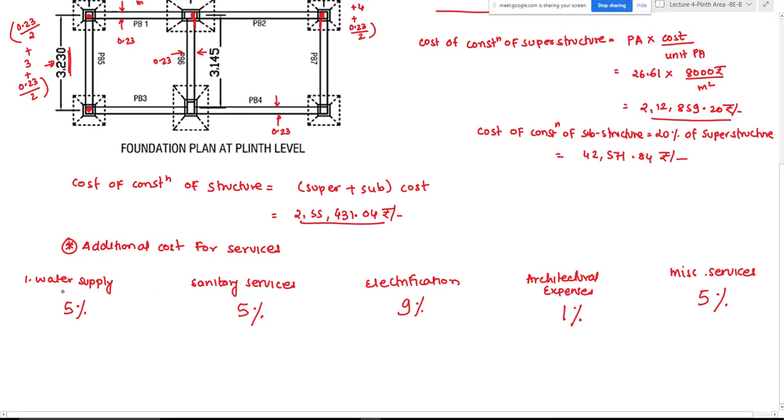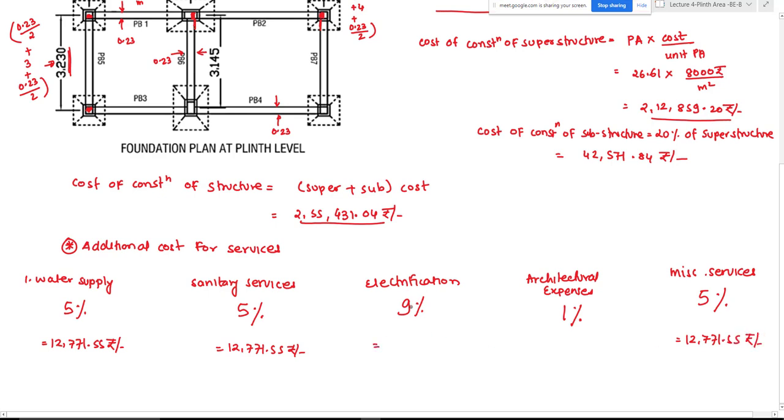Okay, so water supply is 5% of the cost of construction of structure. So 5% of 2,55,000 will be merely 12,771.55 rupees. Okay. So this again 5% will be 12,771.55 rupees. This 5% will also be the same, 12,771.55 rupees.